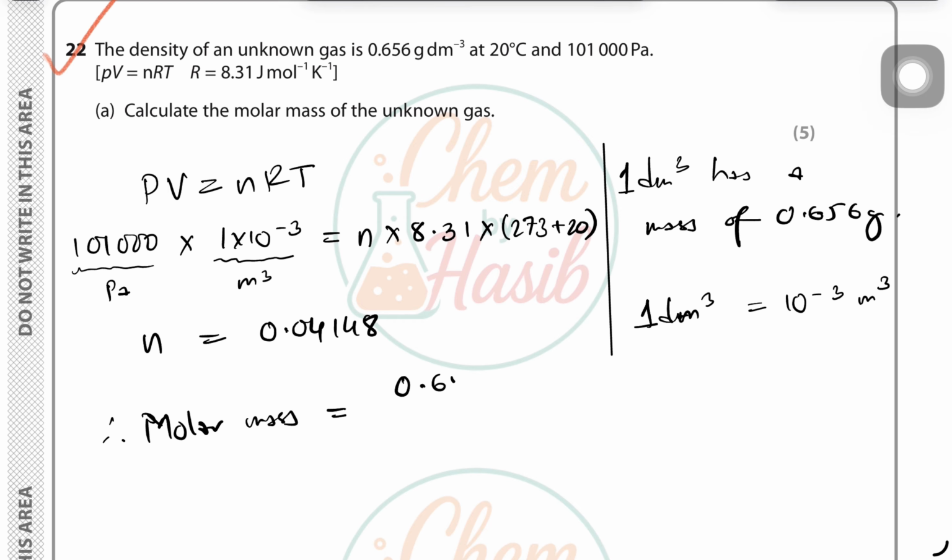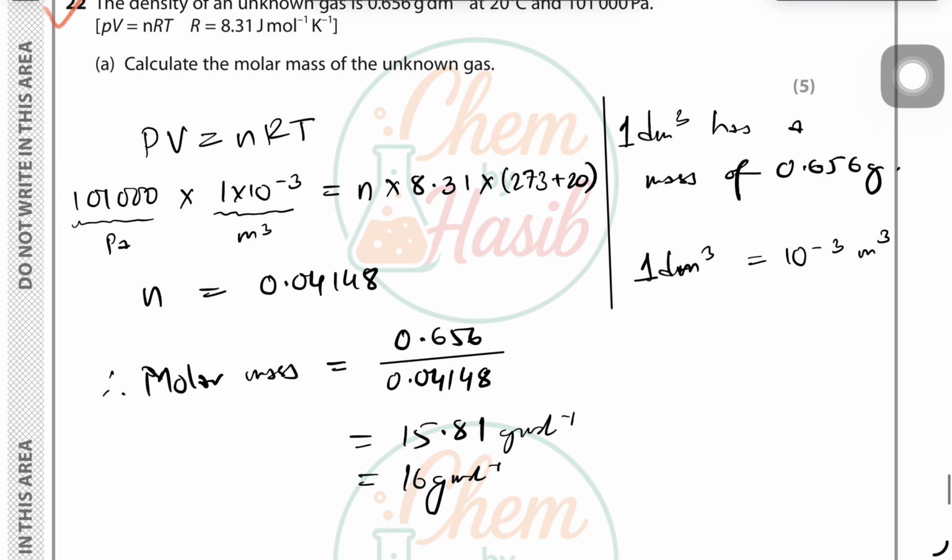So molar mass will be 0.656 divided by 0.04148. And if you calculate, the molar mass comes out to be 15.81. If you round it, you can write 15.8. You can also round it to 16 grams per mole.